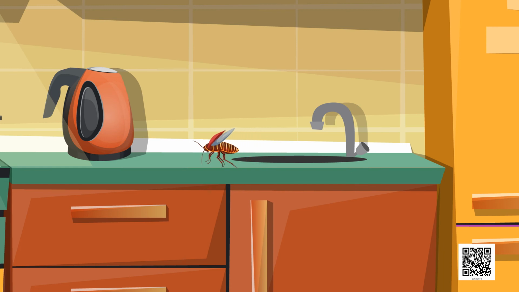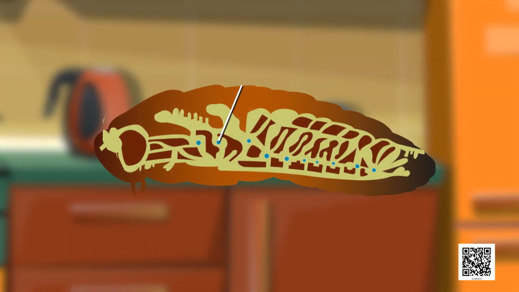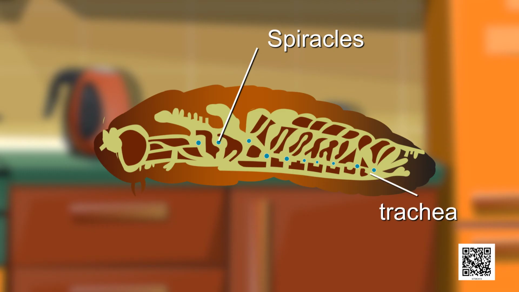First of all, let us take the example of cockroaches. Cockroaches and other insects have small openings on the sides of their body called as the spiracles. Insects have a network of air tubes called trachea for gas exchange.